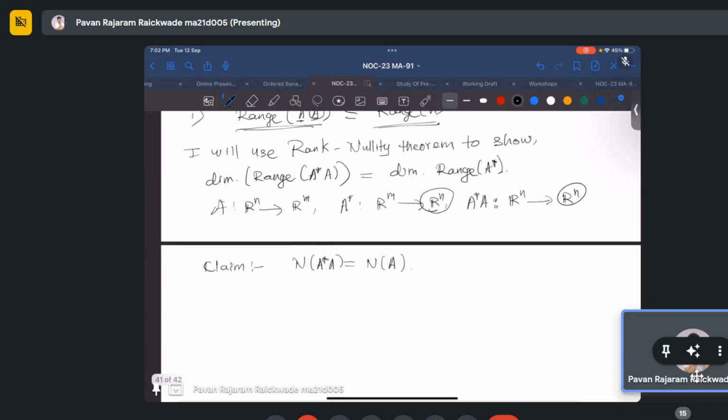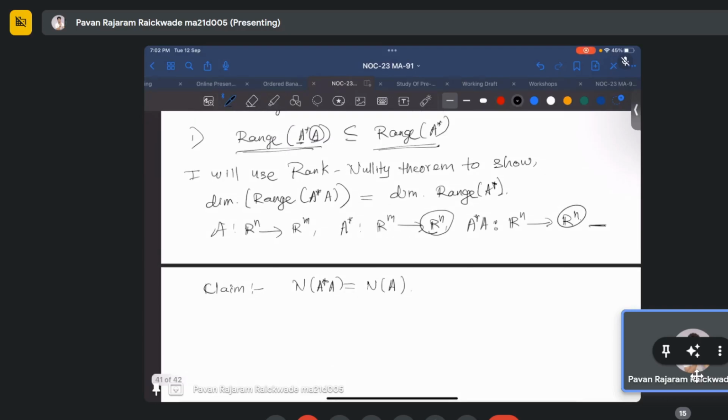From the rank nullity theorem, I get n equals rank of A plus nullity of A. Here I get m equals rank of A star plus nullity of A star. And here I get n equals rank of A star A plus nullity of A star A.